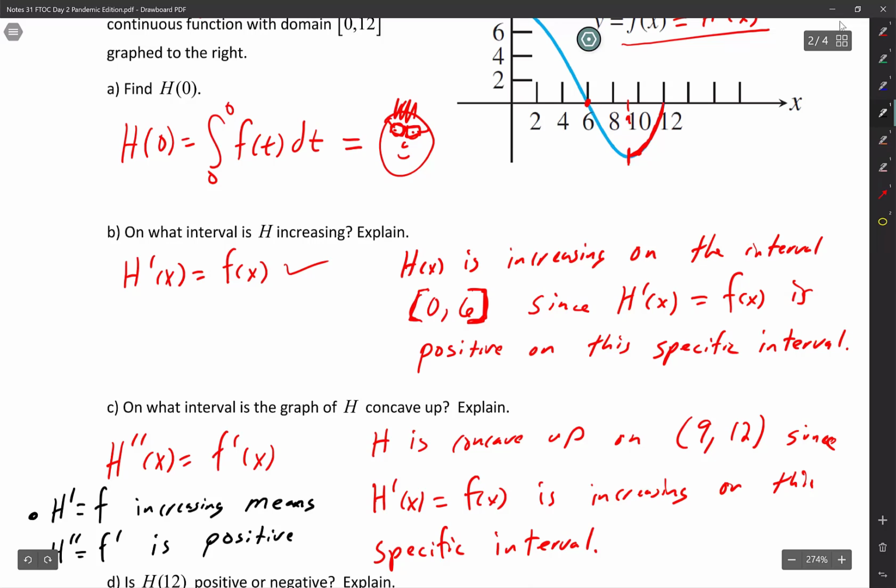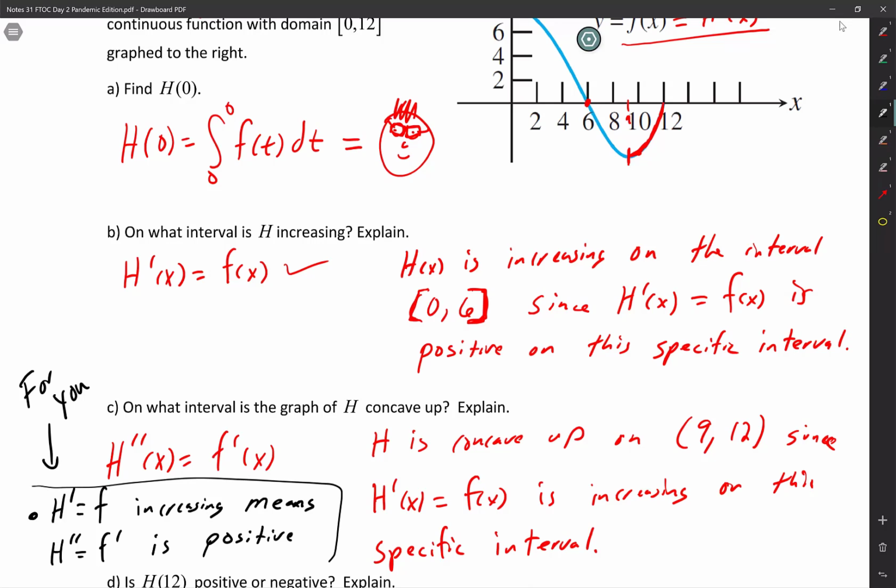That's just for you. And remember, if H prime prime is positive, that means H is concave up.